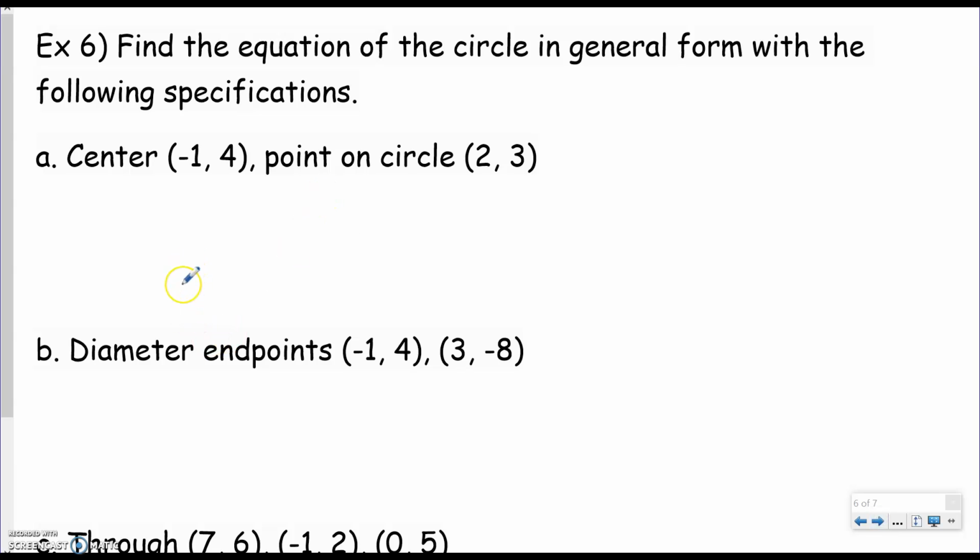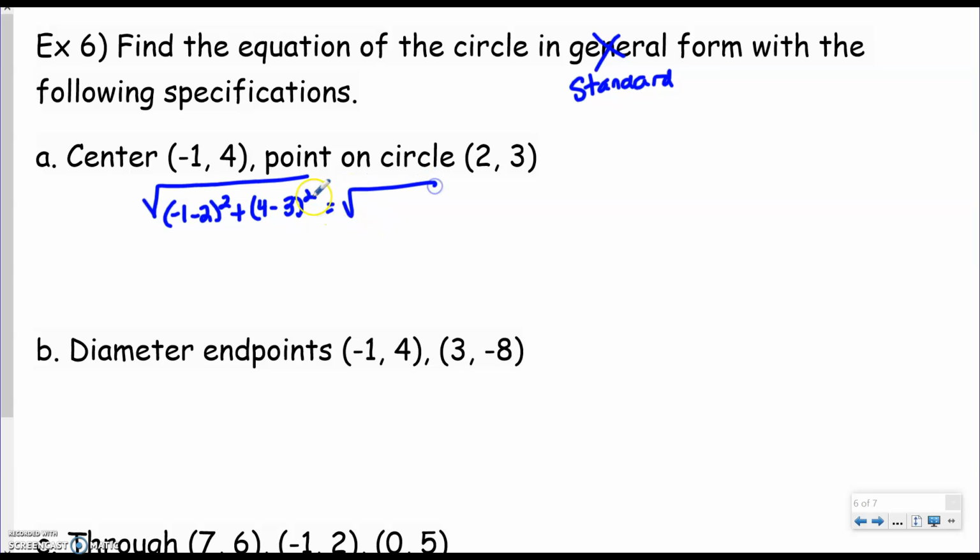Okay, next one, find the equation of the circle in general form. And actually, again, we're going to focus on standard form, and I'm not even going to change these. So before we can plug this in, we need to find our radius. So we need to find the distance between the center and the point on the circle. So our distance formula is going to be x1 minus x2 squared plus y1 minus y2 squared.